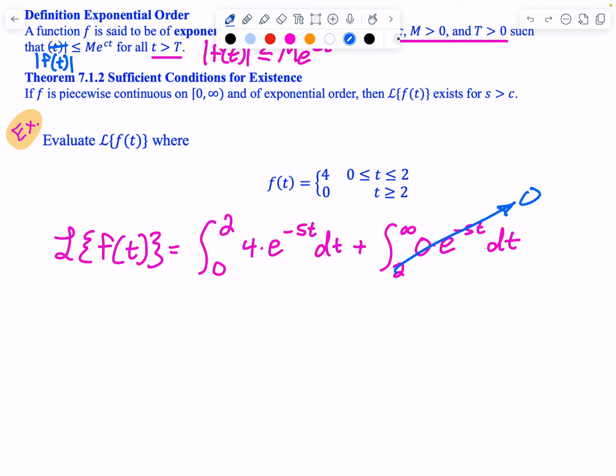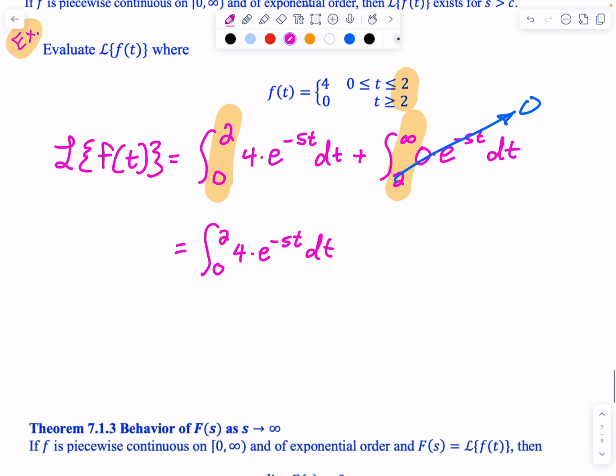The big thing is that we split our integral wherever the transition point is. So our answer here is just the integral from 0 to 2 of 4 times e to the negative st dt. We've done that integral quite a bit now. This is going to be 4 over s, but negative, times e to the negative st, evaluated from, and I like to put my t's here because I'll forget, 0 to 2.